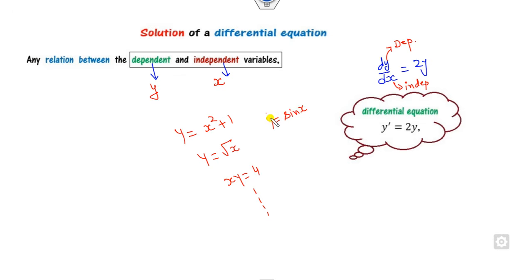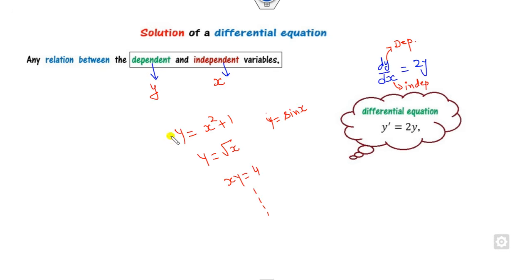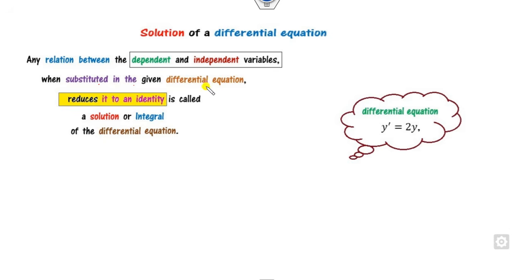Any relation between independent and the dependent variable, but make sure that whatever the relation is, when you substitute it in this given differential equation, it is satisfied as an equality. When you substitute in the differential equation, it reduces to the identity. What does identity mean? That is, the left hand side and the right hand side must satisfy each other.